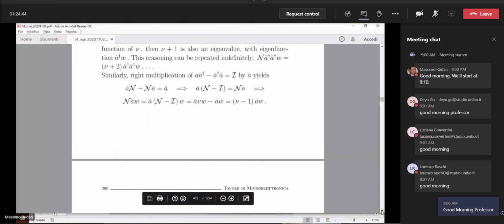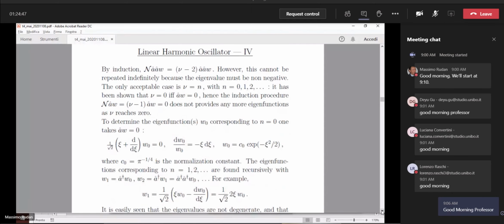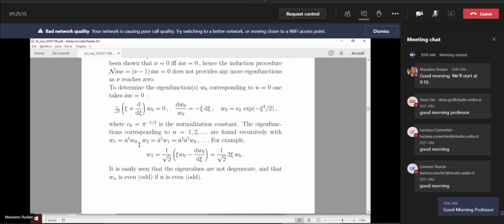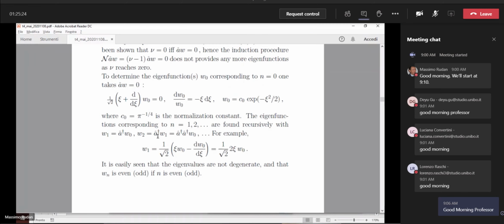Obviously, this is a mechanical calculation because W1 will be a dagger over W0, so it is just a multiplication by psi and a derivative with the minus with respect to psi, so practically immediate, okay? After finding W1, we find W2 corresponding to the eigenvalue n equal to 2, again by doing a dagger operating on W1, and so on and so on.